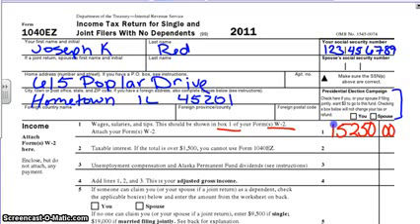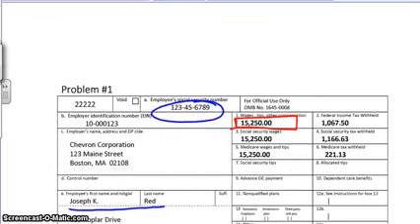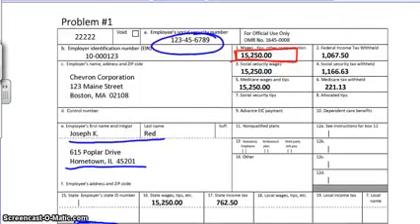Okay, any notes that I make for problem 1, you are going to want to add on to problem 1 at home because you will be allowed to use problem 1 on the test. So it's kind of like a little cheat sheet for you. Okay, line 2 is talking about taxable interest, meaning money from the bank. Have you earned any interest on your 1099 interest form? Where's our 1099 interest form, you ask?